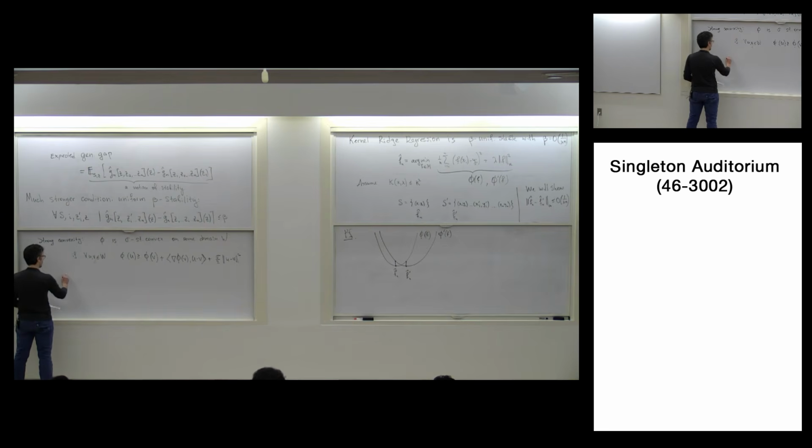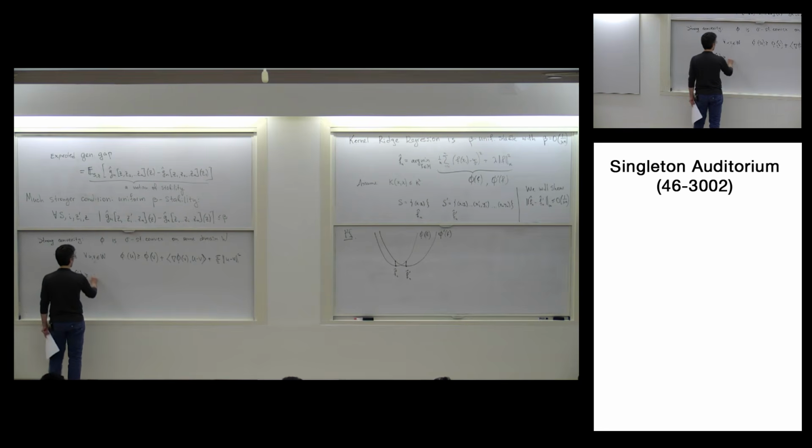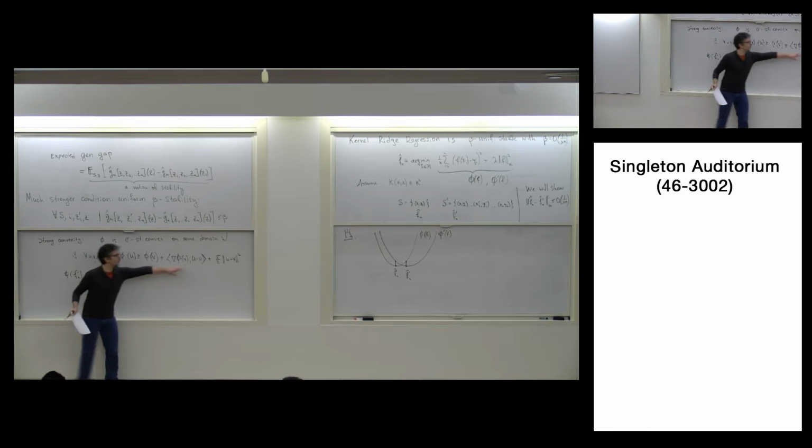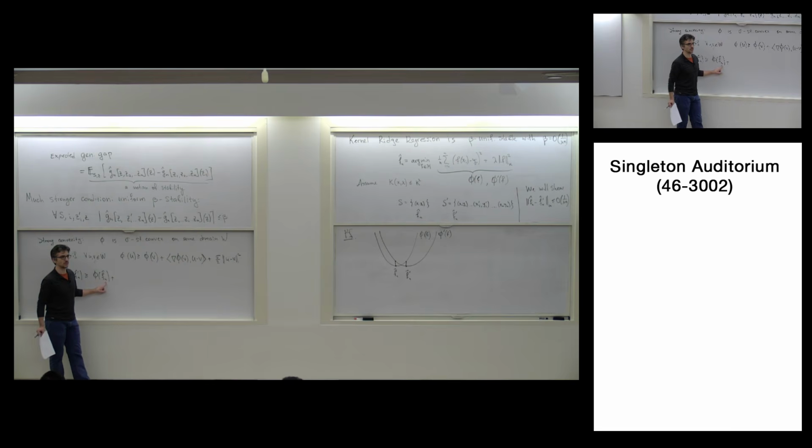So in this case, phi of f hat prime n is more than, just by using the definition, phi of f hat n plus, what is this term? I know that f hat n is the minimizer, and my function is smooth, so the first order term is 0.